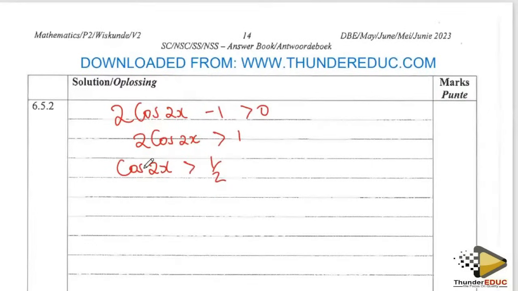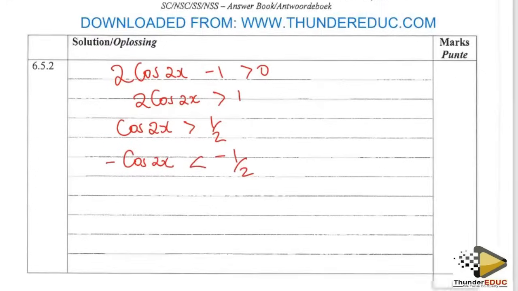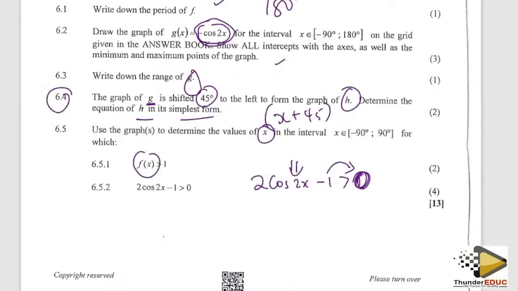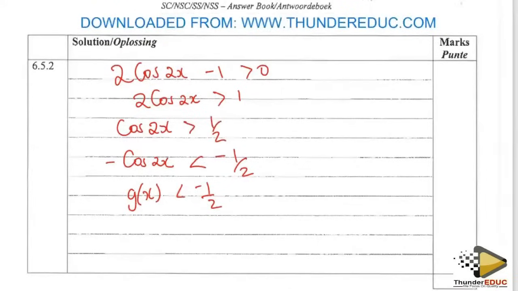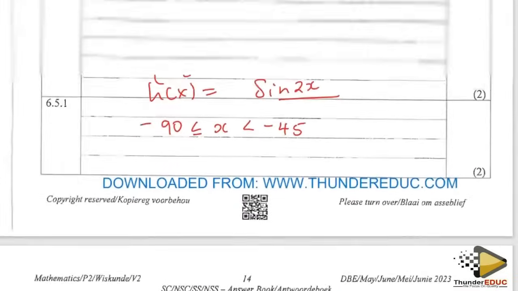Then when I multiply through by a negative or divide through by a negative, the inequality symbol changes. So negative cos 2x will be less than a half, which means the question is asking me for the values of x for which g of x is less than negative a half. So from the graph of g, just go back.